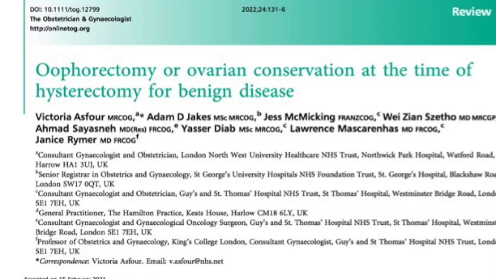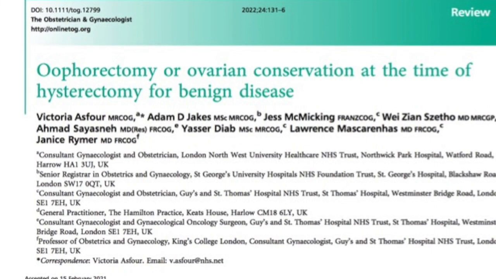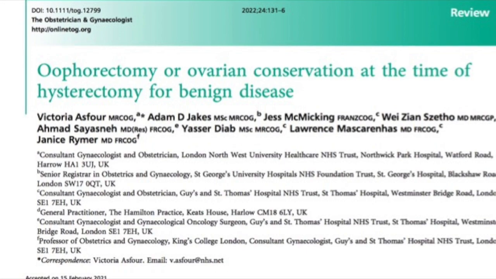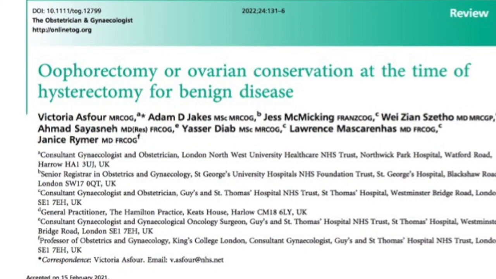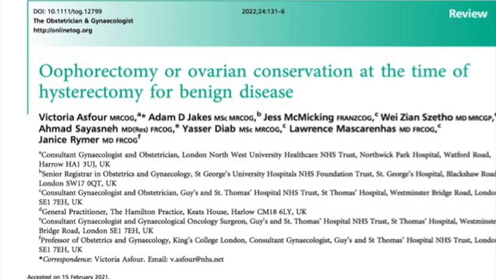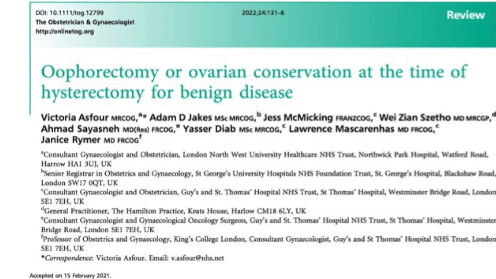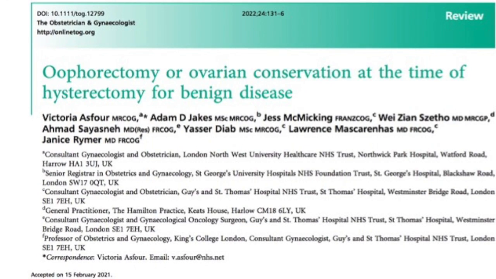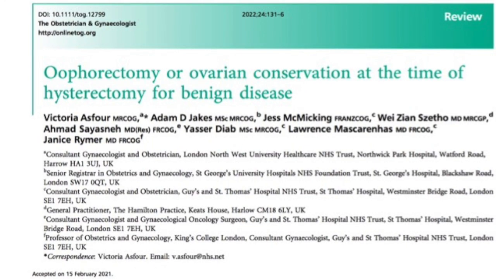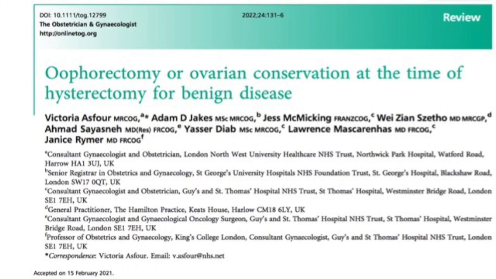Okay, so the next article is oophorectomy or ovarian conservation at the time of hysterectomy for benign disease. So key content is bilateral salpingo-oophorectomy is indicated for patients with suspected or confirmed gynecological malignancy. Risk reduction surgery is indicated in patients with a significant family history or a genetic predisposition to developing breast or ovarian cancer.